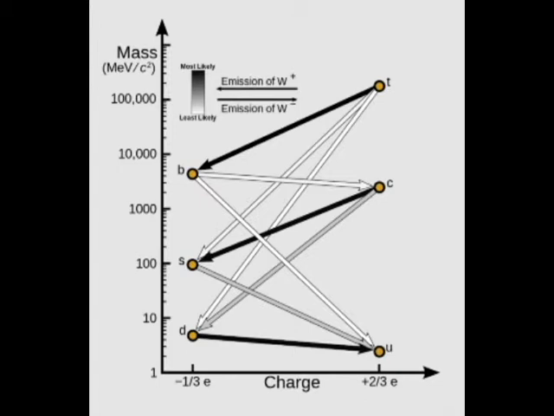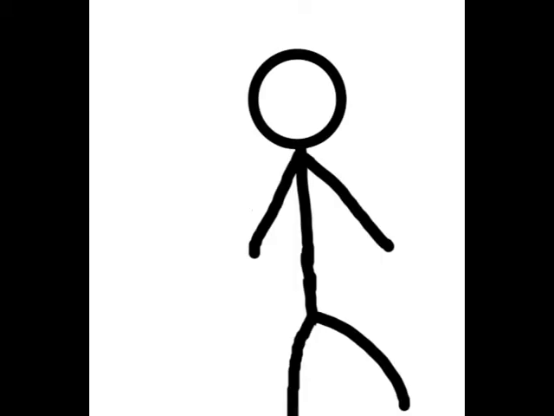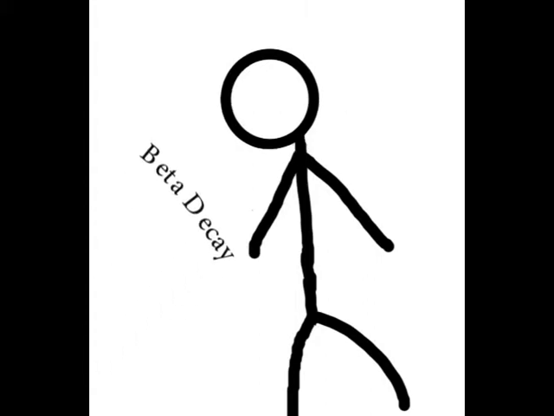Basically what the weak nuclear force does is it forces a proton or neutron to emit a W boson. It can be positively charged or negatively charged, depending on what cluster of particles is emitting it. This W boson then splits up into one neutrino and one negatively charged particle. This is called beta radiation.